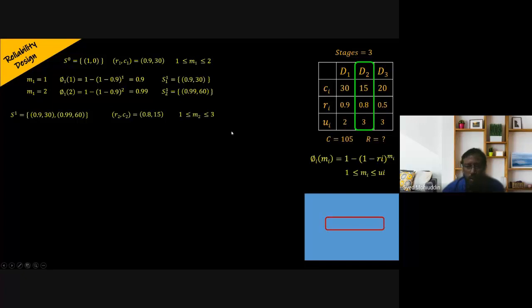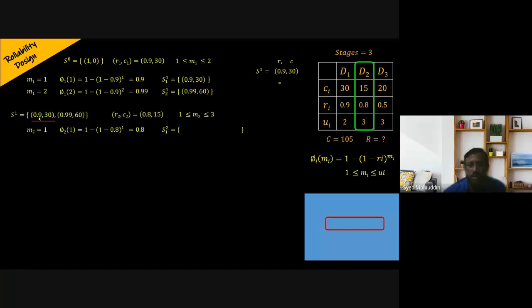So what we will be doing is computing M2 using 1, that is only one device. So we have phi 2 of 1, which will be 1 minus (1 minus 0.8) to the power 1, because M2 is 1. So this gives us 0.8. We will be computing S2 of 1, taking the first element of S1, the tuple 0.9, 30.